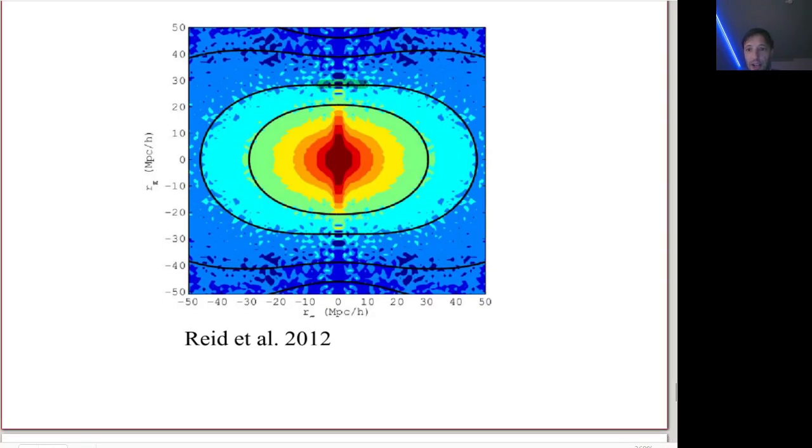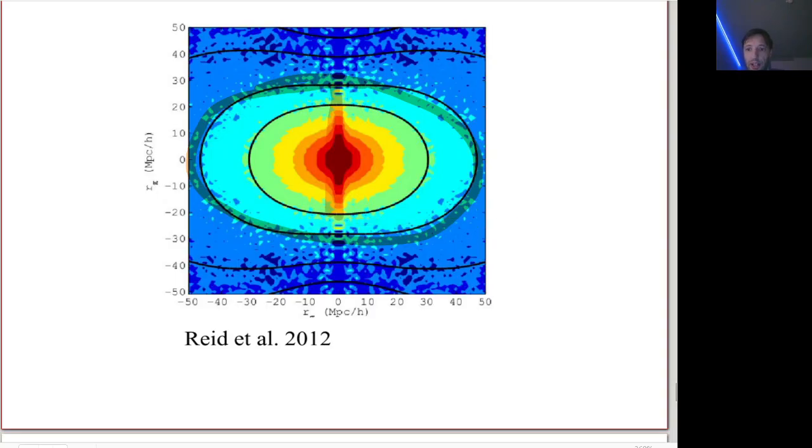You see the large scales giving you this slightly squashed ellipse. So you get then the regions in which, by the way, this is the redshift, and these are the parallel and orthogonal components.